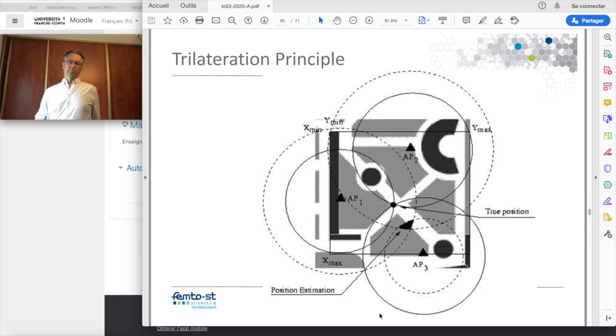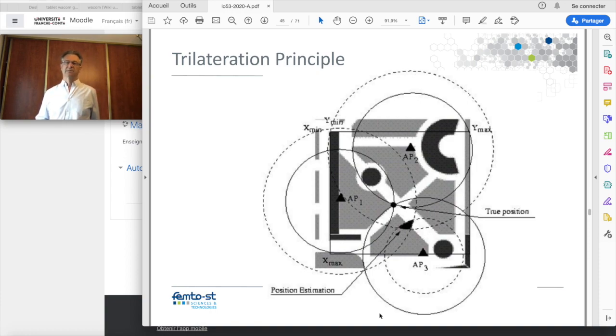So this is a real position, but in the real world, you are not going to have these exact distances. You are going to have approximate distances. The dotted line of the circles is what you measured, and what you measured is not exact.